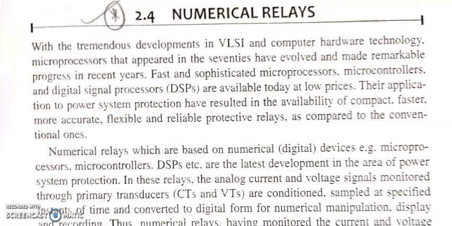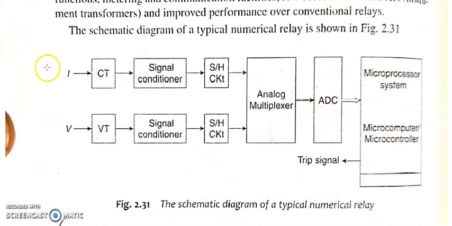Let us see a schematic diagram of a typical numerical relay as shown in the figure, and learn how the analog signal is converted to a digital signal. In the figure you can see the input quantities are current as well as voltage.